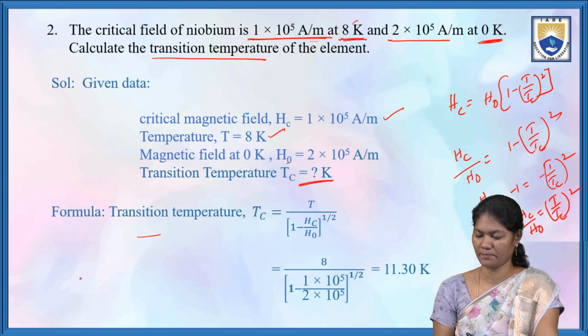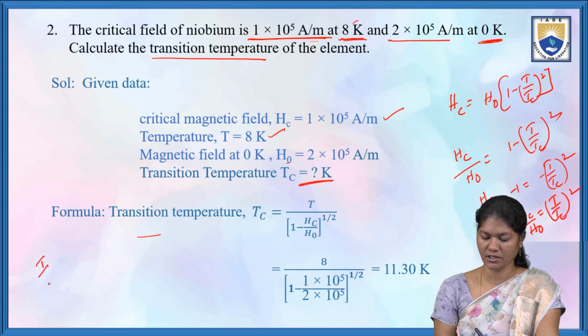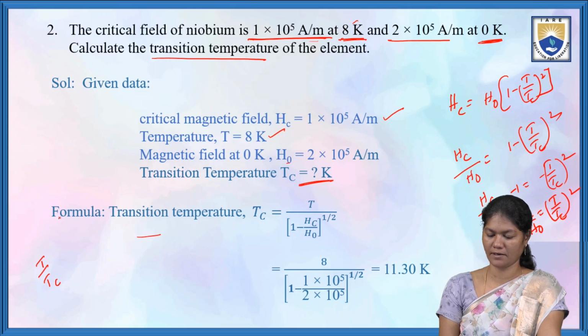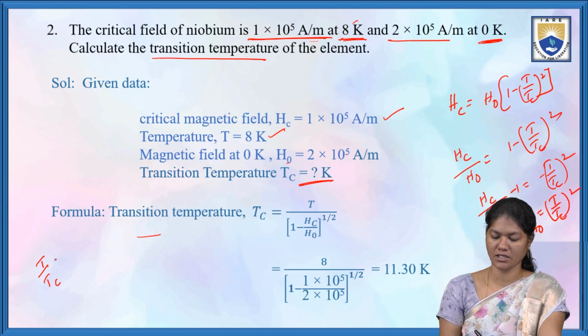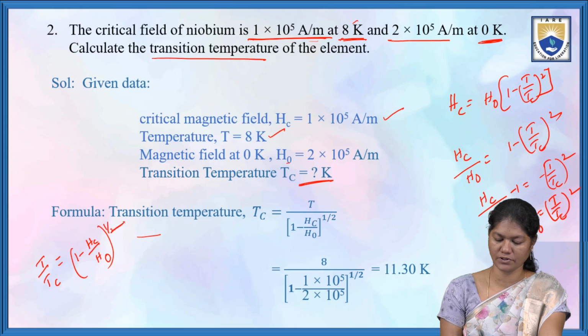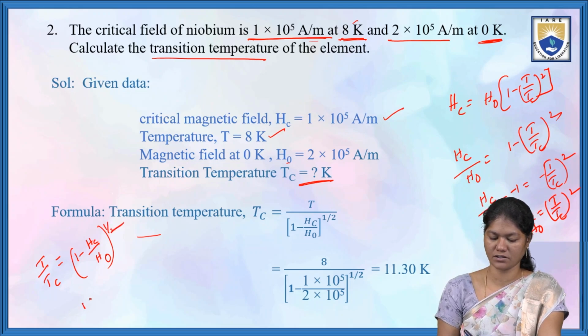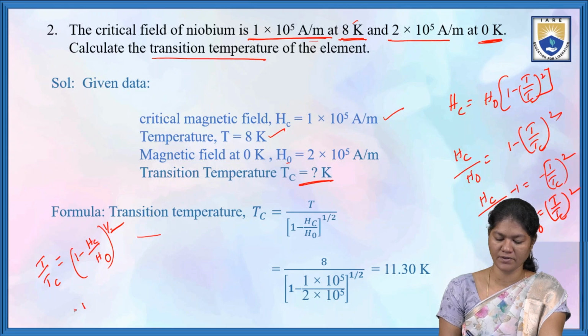So here T by Tc is equal to (1 minus Hc by H naught) power half.